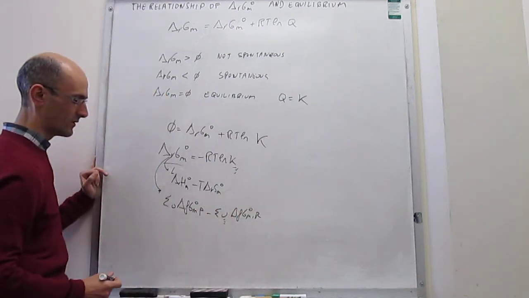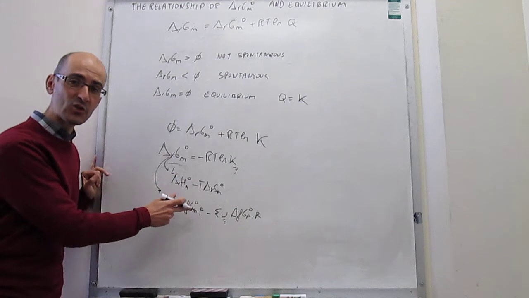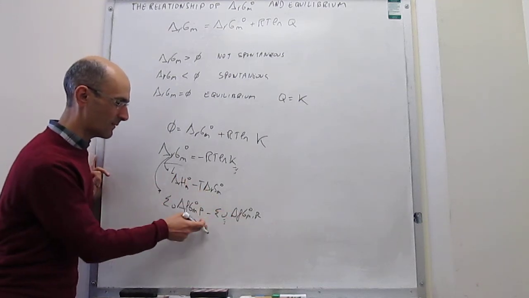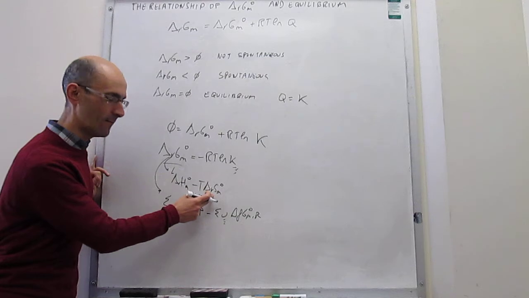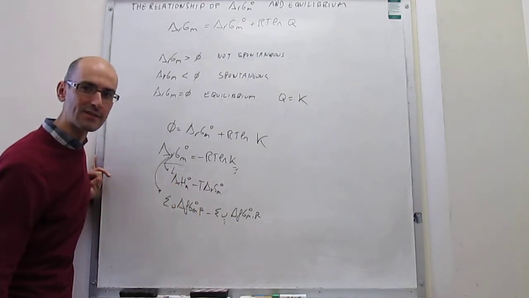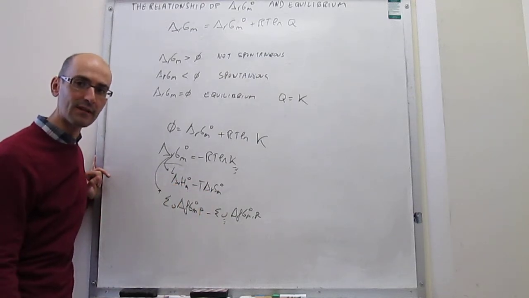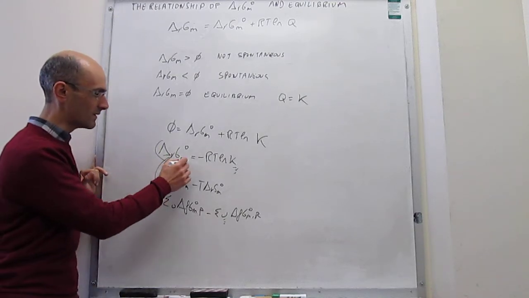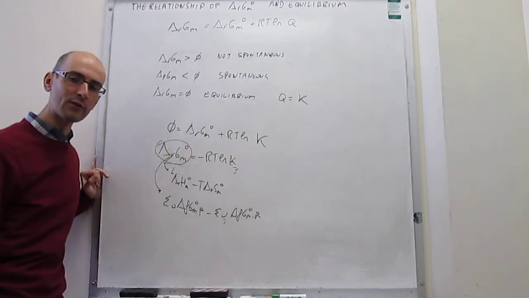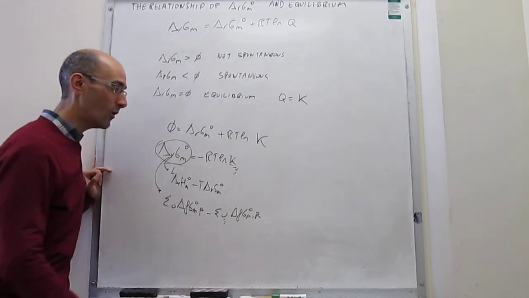Okay, and this will be standard as well. Right, so these calculations are straightforward because all these values for the molar Gibbs energy of formation, or the molar entropies at the standard state, or the molar enthalpies of formation at the standard state, are provided in tables. And what that means is that we can calculate this very easily, and we can calculate the value of the equilibrium constant also very easily.